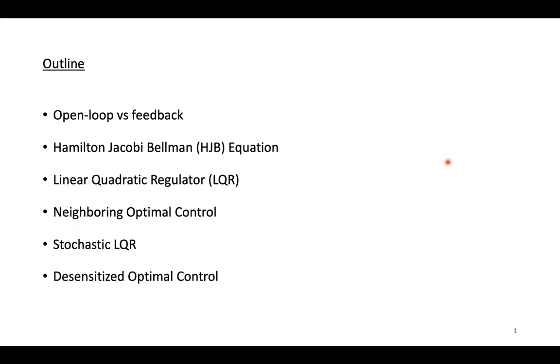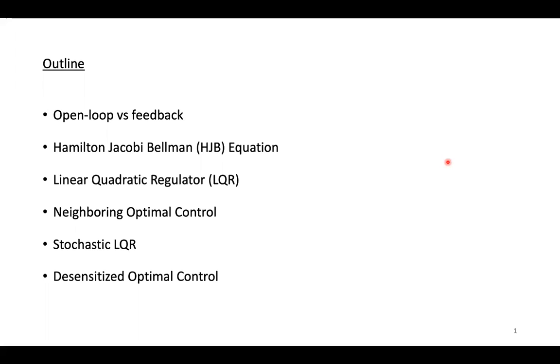So using both the Hamilton-Jacobi-Bellman equation and LQR, you would arrive at what is called the neighboring optimal control, to essentially come up with feedback controllers around what is called the nominal trajectory, or the nominal optimal trajectory. And with that, I would move on to discussing a little bit about stochastic LQR. It will be just one slide, trying to introduce the bare bones of stochastic optimal control.